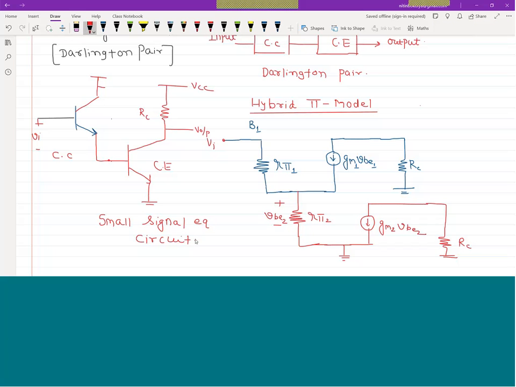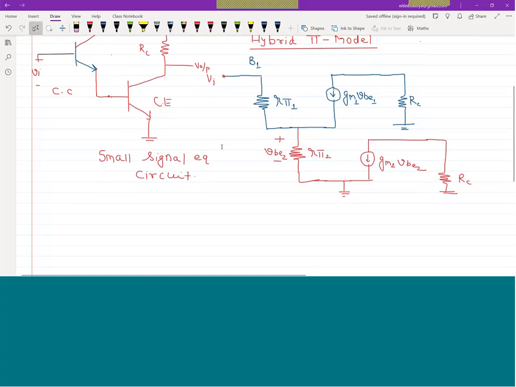So I am interested in the input resistance of the circuit. What will be the input resistance? The first most important thing is the input resistance of the circuit.